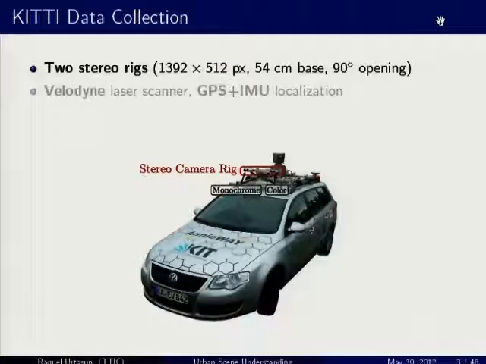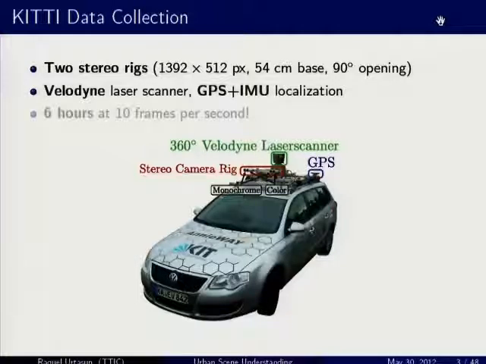It's 1400 by 500. And we also have a Velodyne laser scanner, as well as GPS and IMU localization. And this is going to help us actually create ground truth for the benchmarks that we want to develop. And so far, we have collected 6 hours at 10 frames per second. That's actually on the order of 2 terabytes. Okay, so one of the nice things is that everything I'm going to show you today, even the raw data, is going to be available in the next few days.